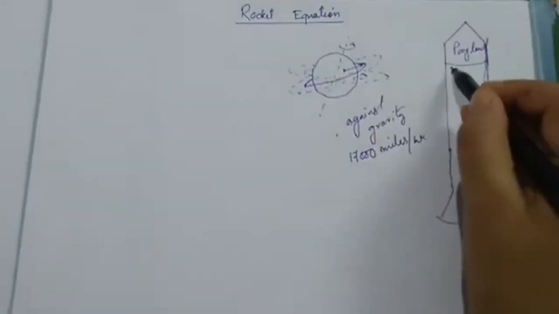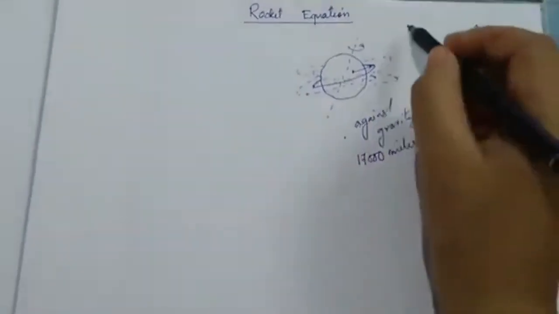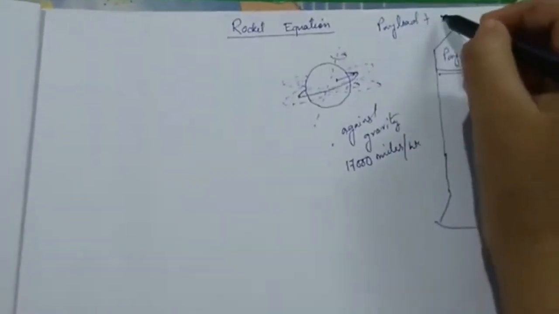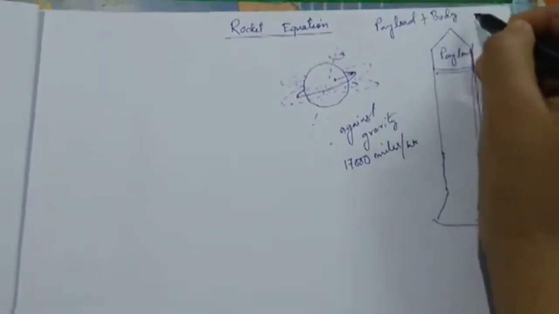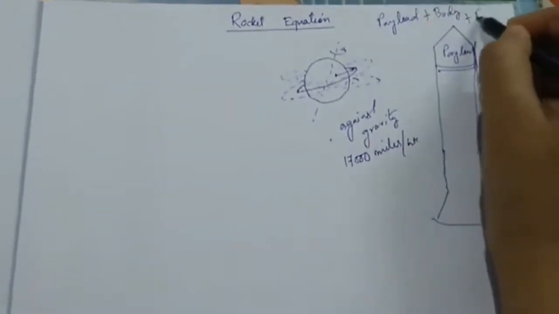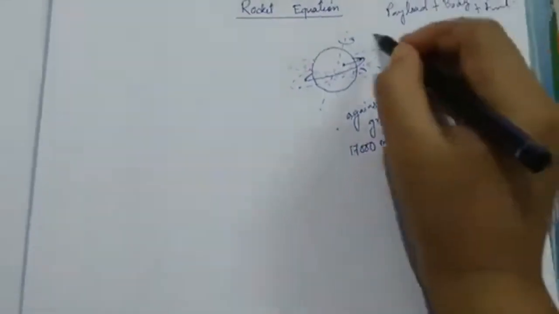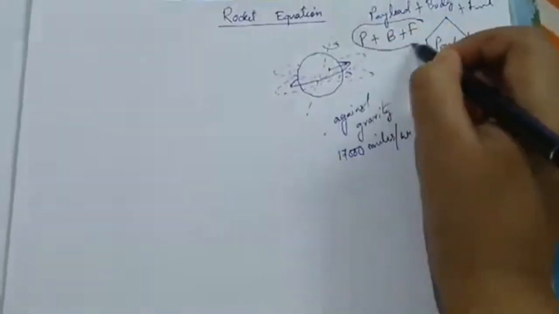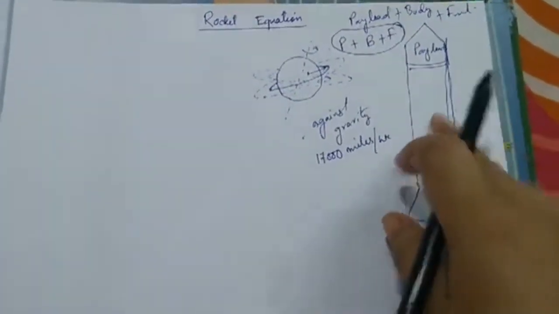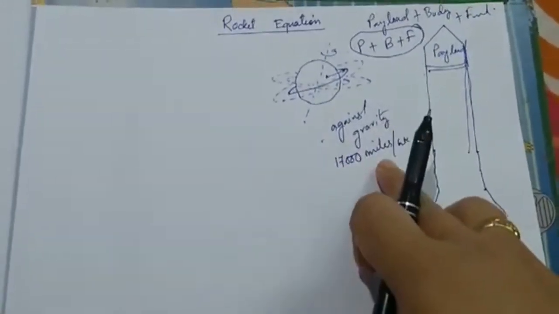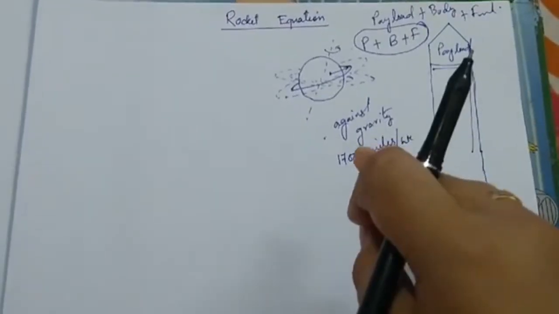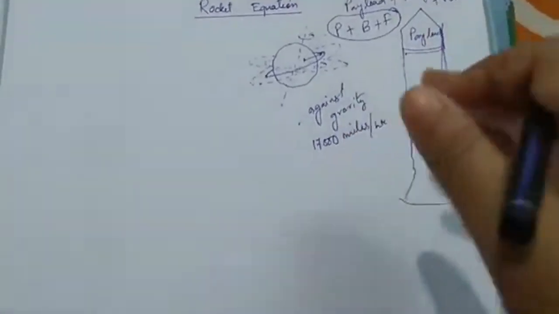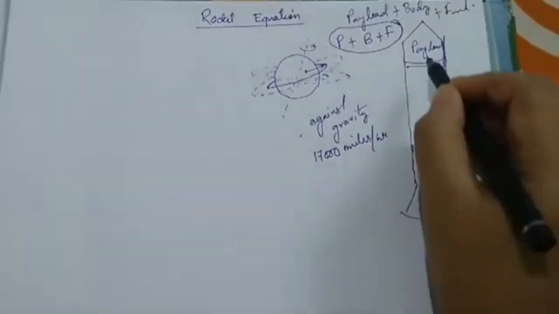So you can say that the rocket is basically the payload, then the body of the rocket, its own body, and then the fuel. So we will call it P plus B plus F. To attain this much velocity, the dependence will be totally on how much fuel the rocket is carrying.